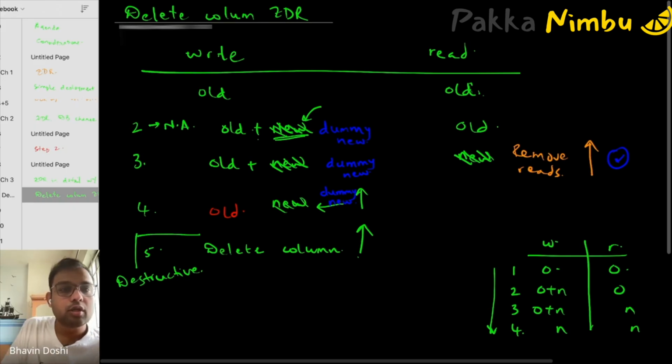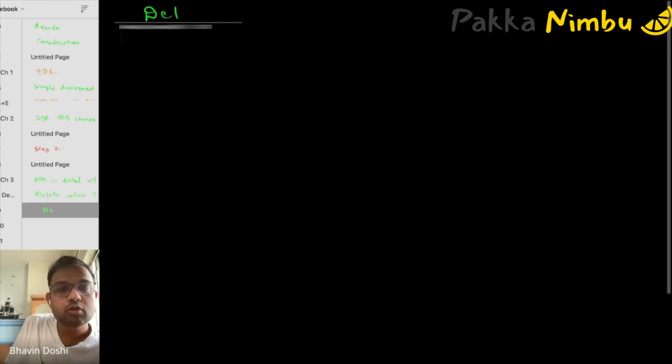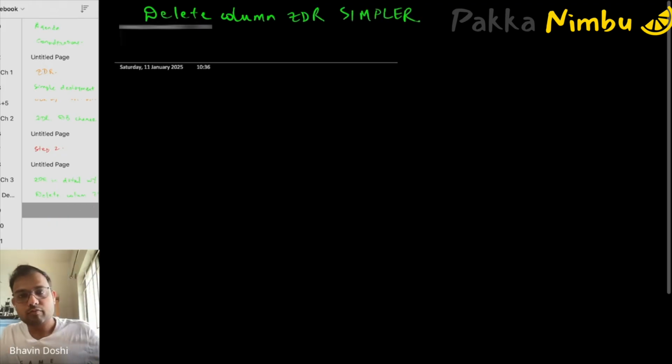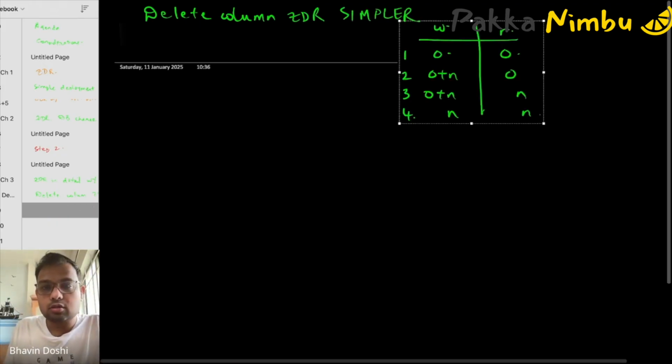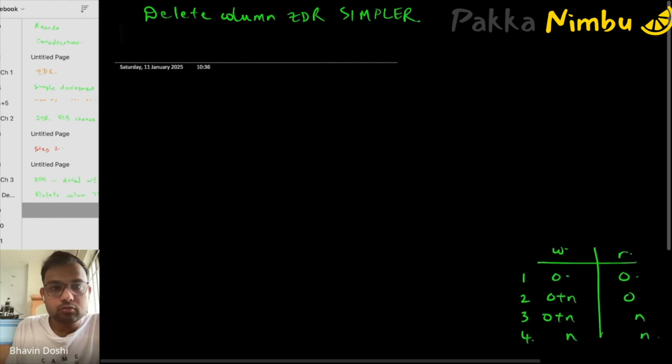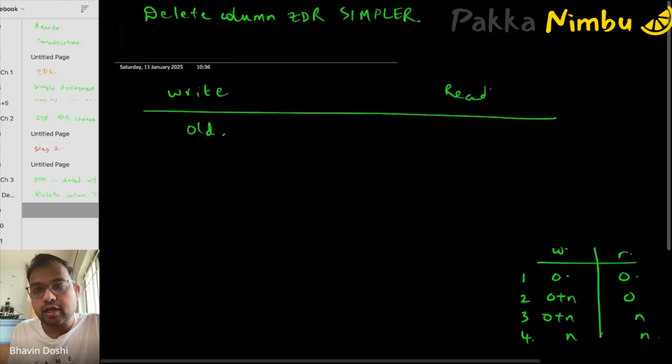So the simpler version of delete column is this: if you were writing in the old and you were reading from old, then you keep writing to old, but you stop reading.